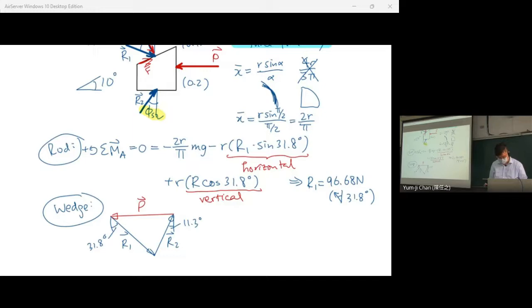What's this one? I forgot the answer, but you can work on it.